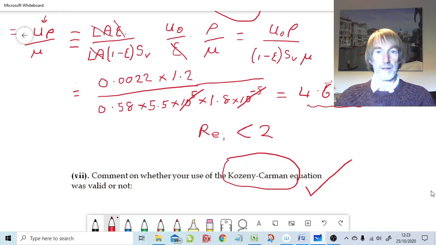And that is question 1 in fluid flow through porous media. Laminar flow using the Kozeny-Carman equation to work out the specific surface area, Sauter mean diameter, and then a check that we have correctly used the equation for laminar flow. Answer yes. Okay, thank you very much.